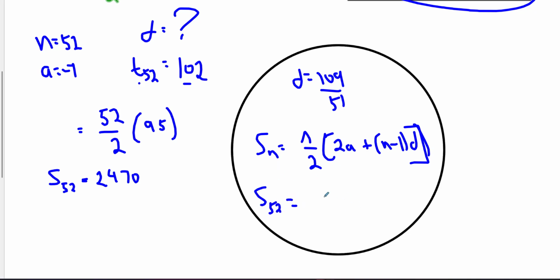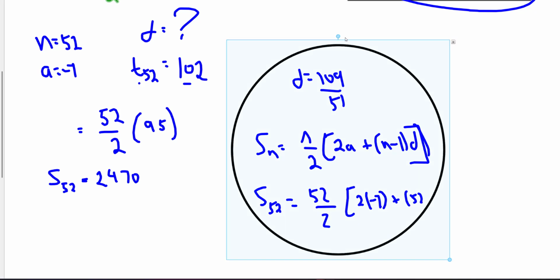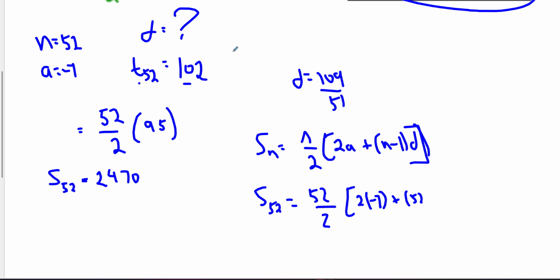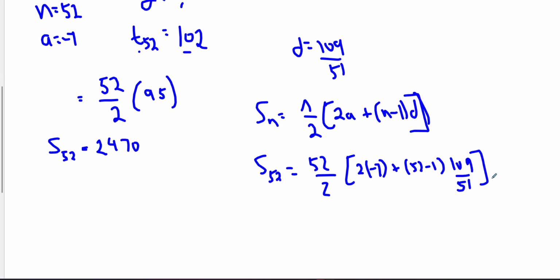I know S52, my n value is 52. So that's 52 over 2. My a value is negative 7. My n value is 52. I'm just going to get rid of the circle. (52 minus 1). And my d value is 109 over 51.